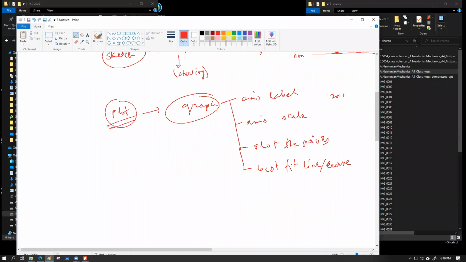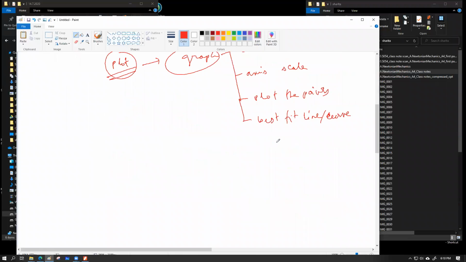And then there comes the third word, which is quite rare, draw. Sir, what's the best fit line or curve? What is a best fit line or curve?